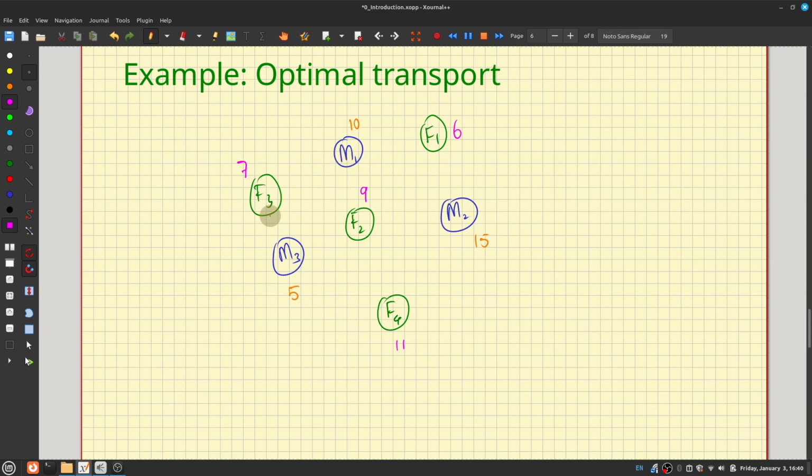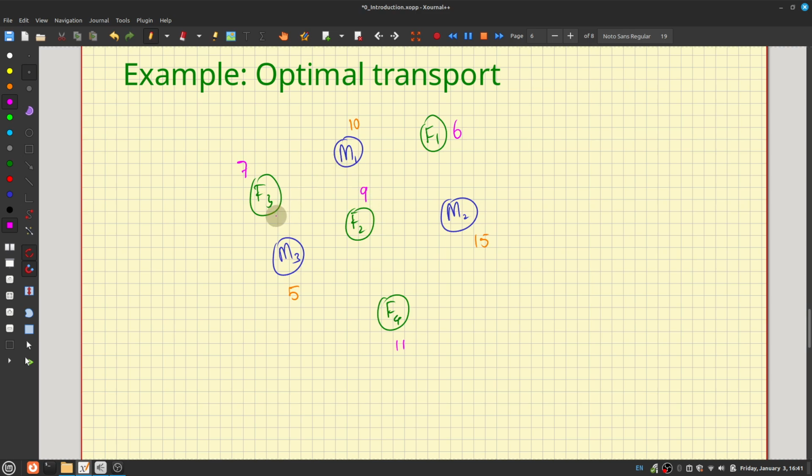If the factory is close to the mine, then there's less cost involved. If the factory is farther away from the mine, then I have to spend more in order to transport ore from one location to another. All right. Is the high level problem clear? Are there any questions? Okay.